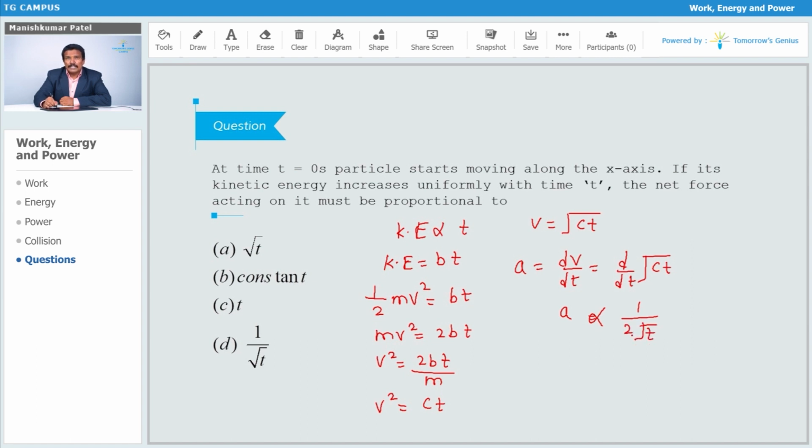Force equals mass into acceleration, which is proportional to 1 upon 2 root t. So in short, finally F is proportional to 1 upon root t. So your option D is correct for this case.